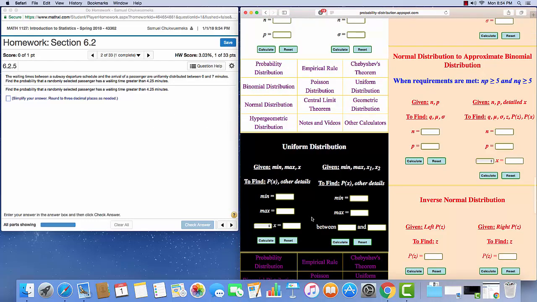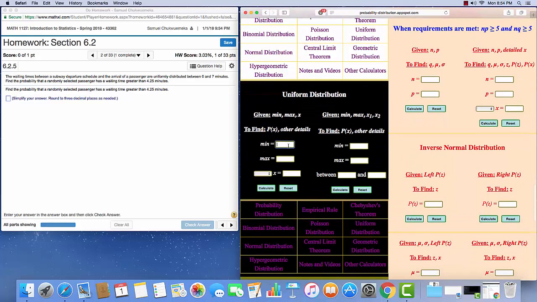So you just come to uniform distribution, and the minimum here is 0 minutes equals 0. Maximum is 7. And you come here, more than, what's the probability that the randomly selected passenger has a waiting time greater than 4.25 minutes. So just press more than here and put 4.25 here. And you can press the enter key or you just click calculate.